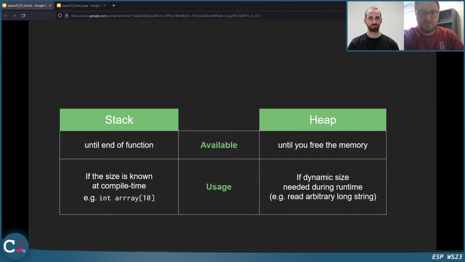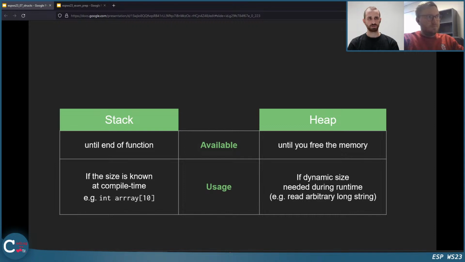Short recap, the difference between the stack and the heap is, on the one hand, availability. On the stack, variables are available until the end of the function, and on the heap they are available until you free them. As you might have seen before in the practicals, you can, for example, return an array on the heap from a function and it's still available, because you have to free it when you don't use it anymore.